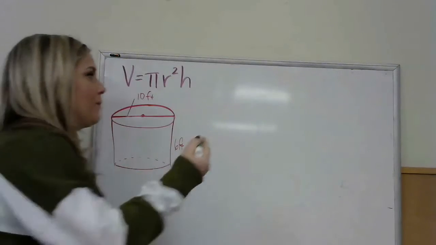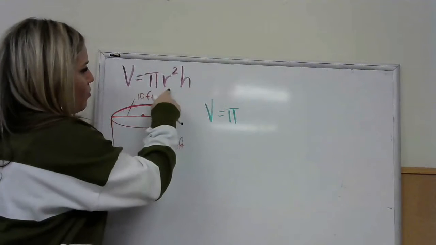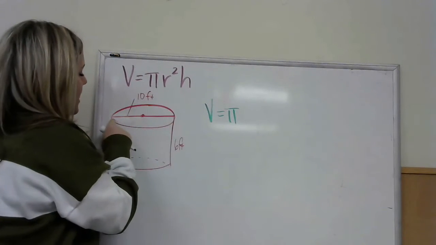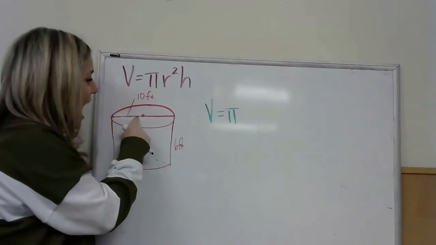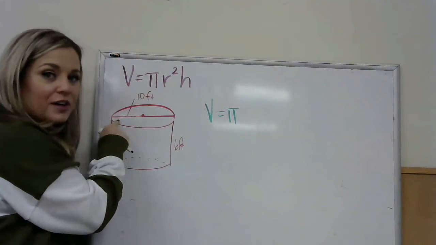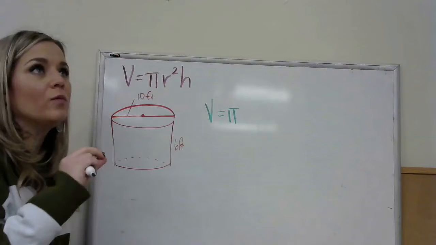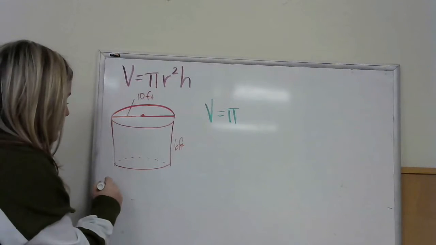Really, we just put pi for that. But let's talk about radius squared. Right here, they gave me the diameter of the entire base of the circle, which is 10. Well, you have to know the difference.